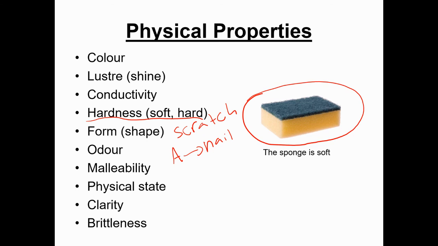Let's say that my nail can scratch substance A, then I would say that my nail is harder than substance A. So hardness actually refers to the ability to scratch stuff. And there's actually a scale that was created where you can place an object. A level 10 hardness means it can scratch anything below it in levels. So level 10 hardness can scratch level 9, can scratch level 8. And that was determined by experimentation.